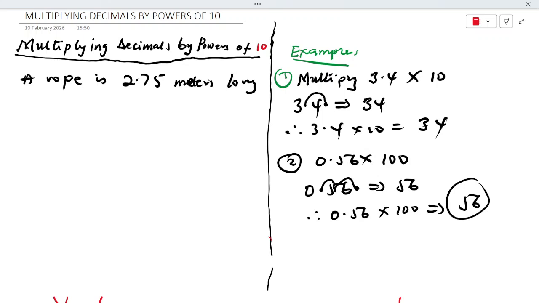So what is its length in centimeters? What is its length in centimeters? So it says, what is its length in centimeters?